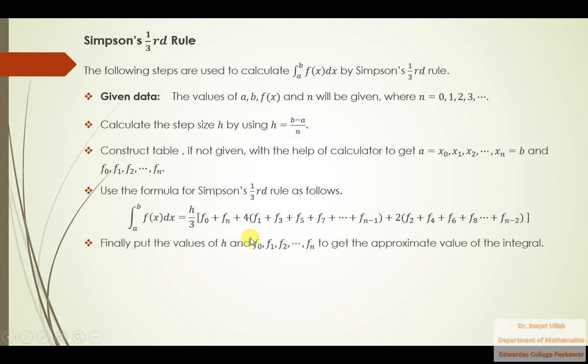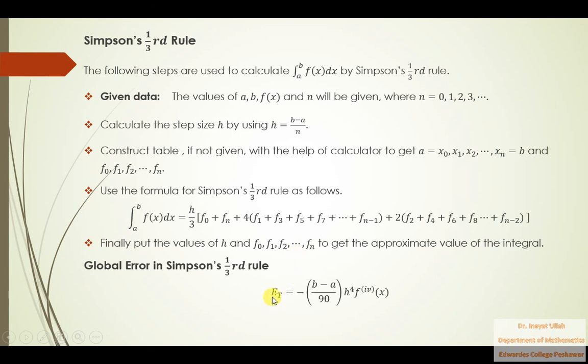Finally, we need to put in this formula the value of h and the values of all those fi's to get the approximate value of this definite integral by the use of Simpson's 1/3 rule. As this value is approximate, definitely there will be some error, and in Simpson's 1/3 rule the global error is defined to be this thing.